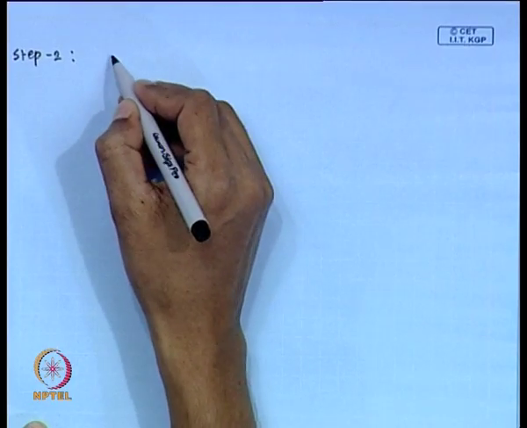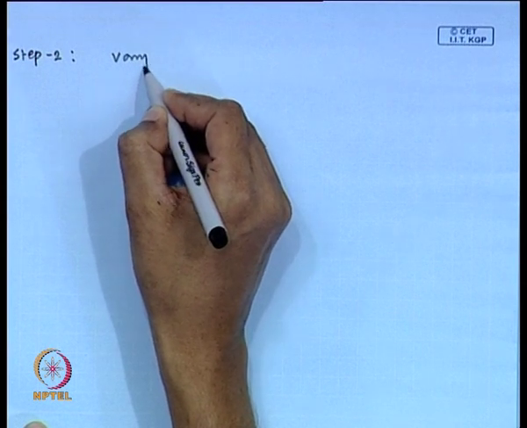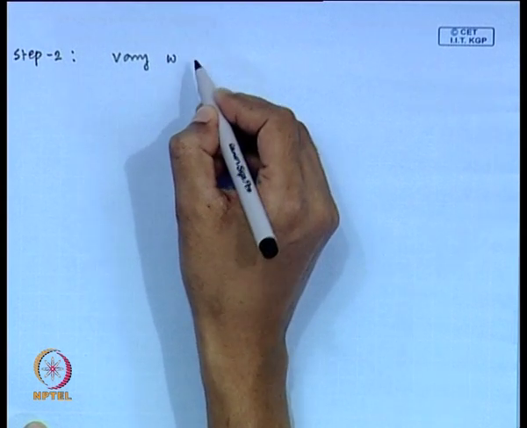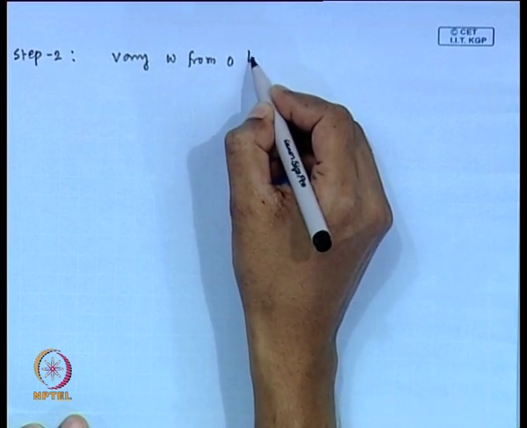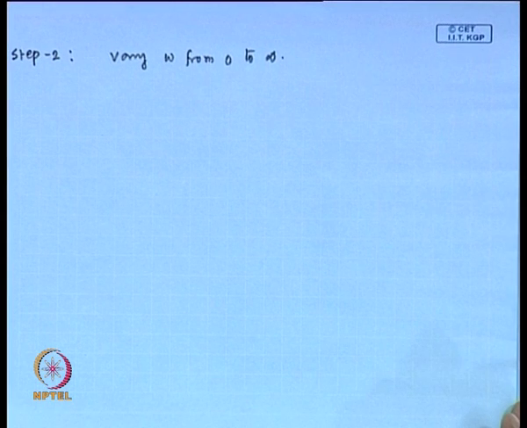So, that range we will divide into two ranges, one from minus infinity to 0, another from 0 to infinity. So, in step 2 we will vary omega from 0 to infinity.